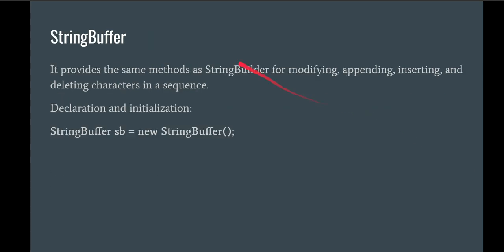So string buffer. String buffer is the same as string, but as you know, string is immutable. That means if you created a string, then you can't change it. Immutable means unchangeable. So string buffer provides functionality for modifying, appending, inserting, and deleting characters in a sequence.